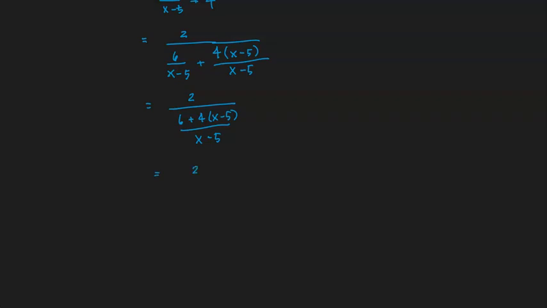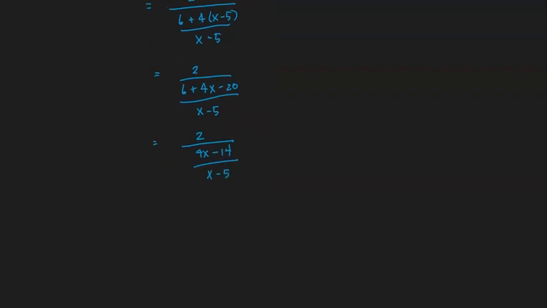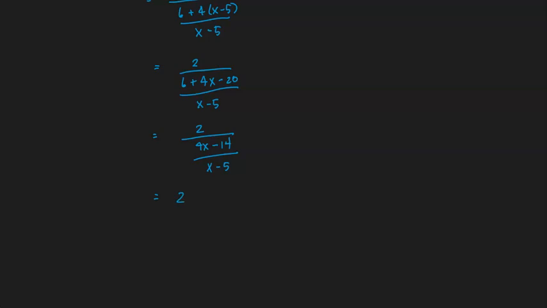And then that is going to be 2 over 6 plus 4x minus 20 over x minus 5. That'll be 2 over 4x, is it minus 14, over x minus 5. That turns into 2 times x minus 5 over 4x minus 14.